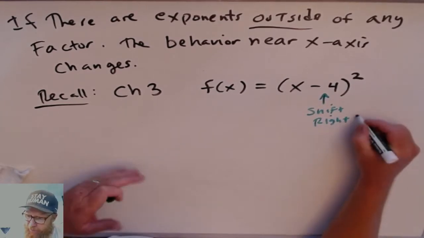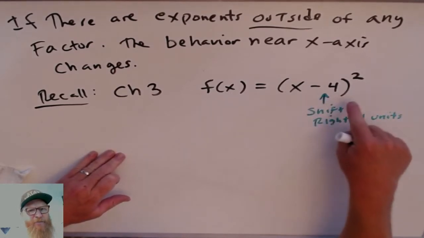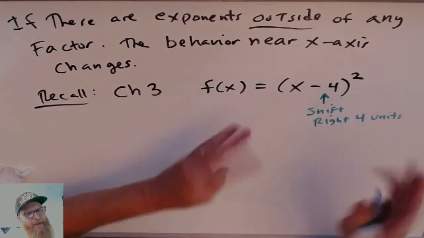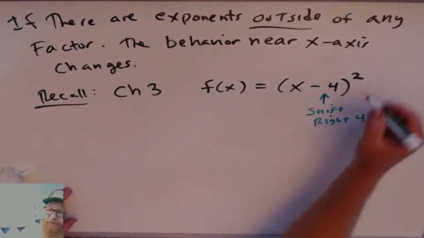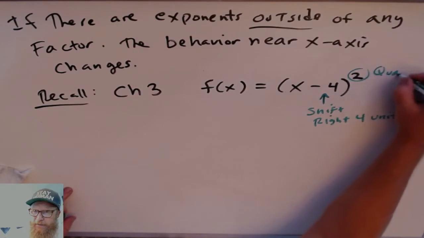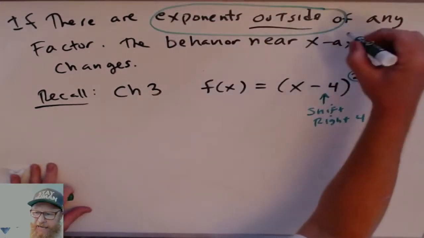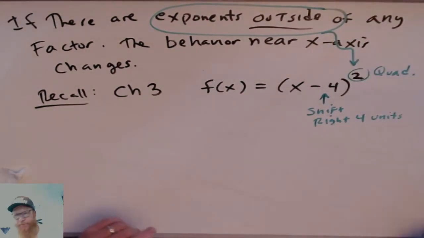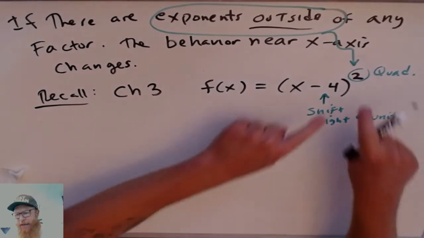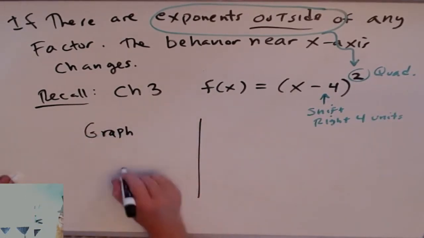Remember, the left and right shifts are backwards. So if you see x minus 4, the opposite of minus 4 is positive 4, so you'd shift it to the right 4 units. So this is a quadratic. I'll just say quad. So that's because there's an exponent on the outside of the factor. And so the graph looks like this.